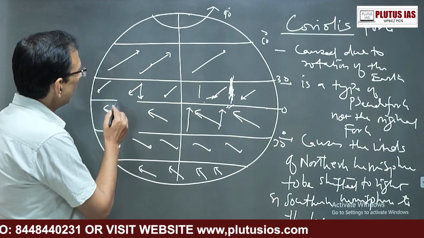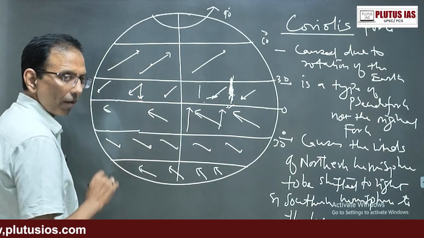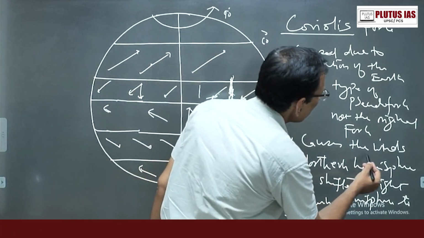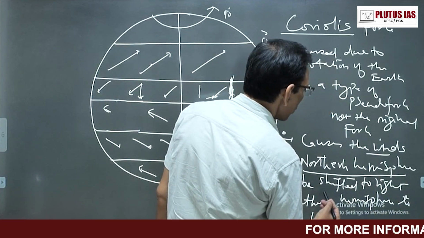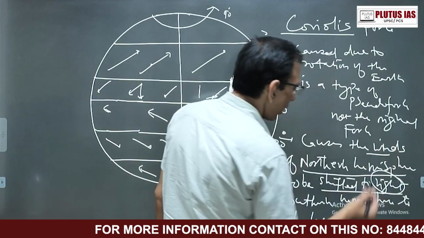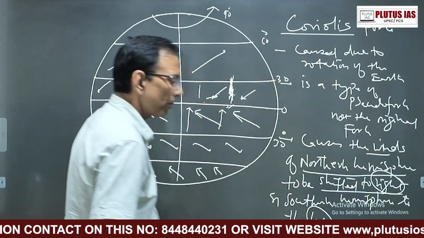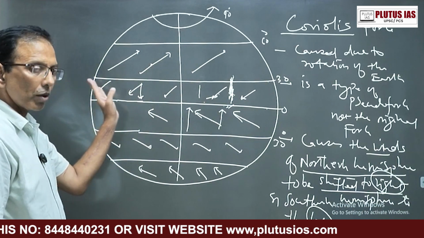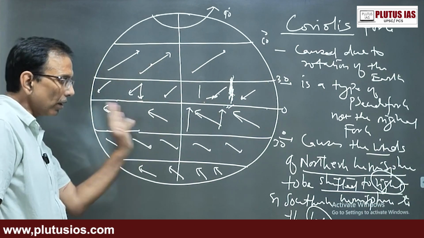What I have said here: right in the north and left in the south causes the winds of the northern hemisphere to be shifted to the right. This is the noticeable point. In the southern hemisphere they are shifted towards the left. So in the northern hemisphere towards the right, in the southern hemisphere towards the left.